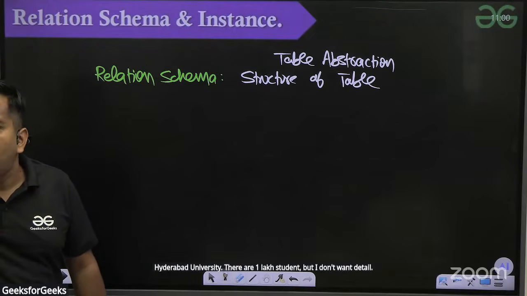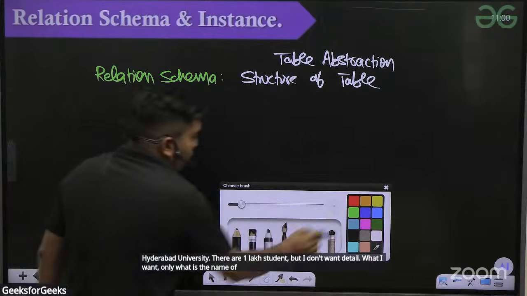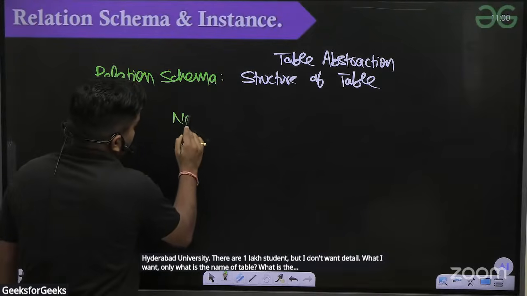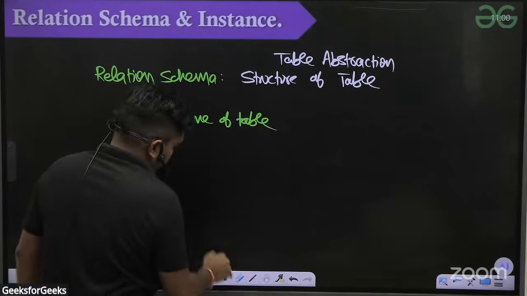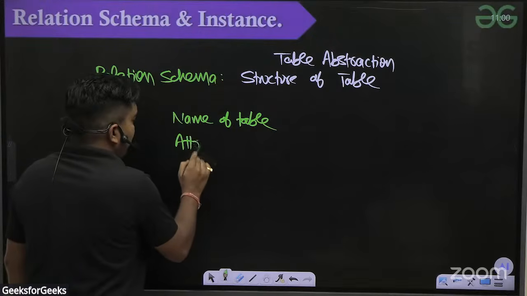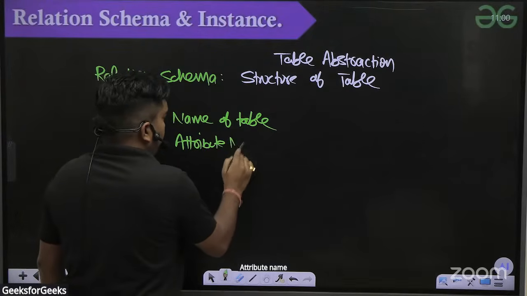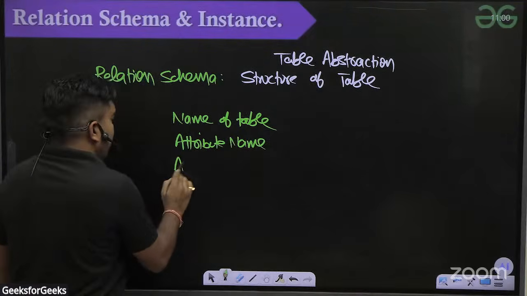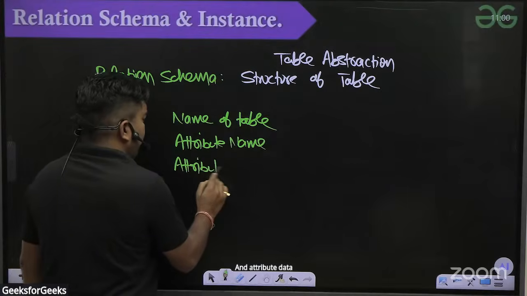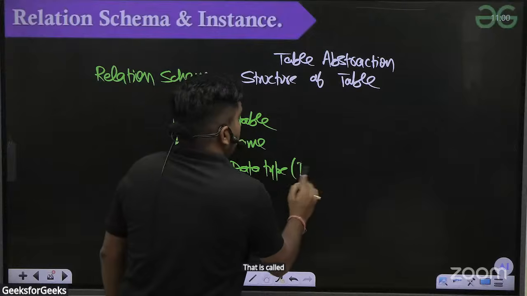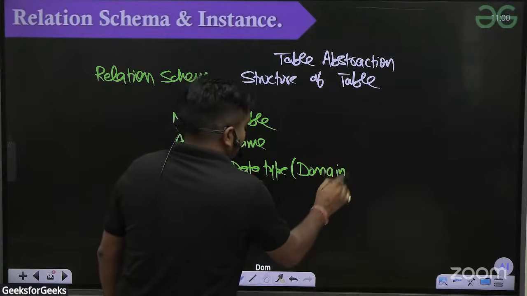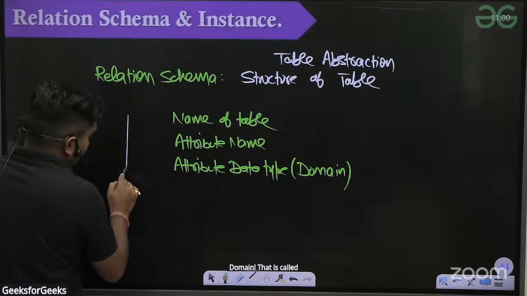What I want is only the name of the table, the attribute names and the attribute data types. That is called the domain. Are you getting it, everyone?